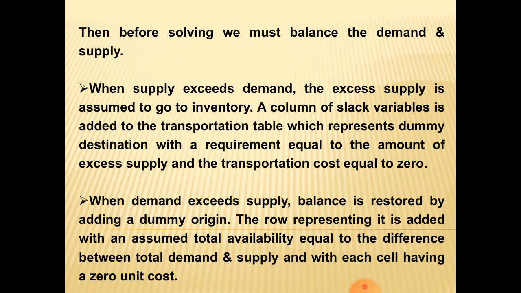When demand exceeds supply, balance is restored by adding a dummy origin. The row representing it is added with an assumed total availability equal to the difference between total demand and supply, with each cell having a 0 unit cost.